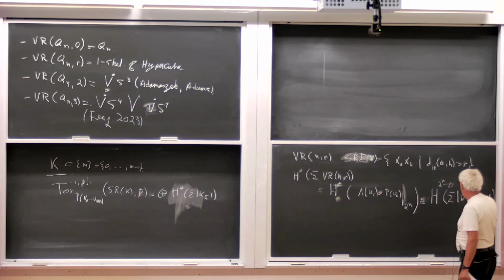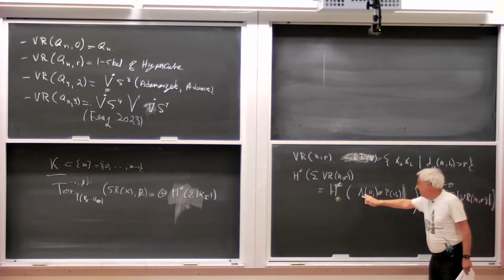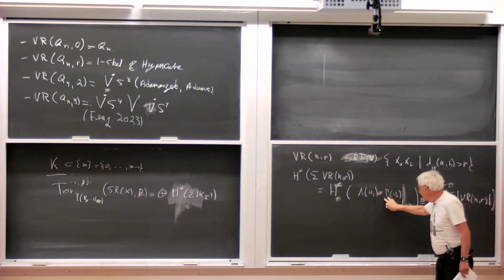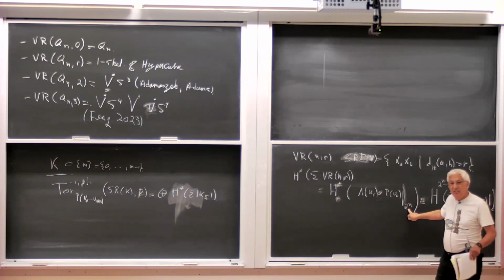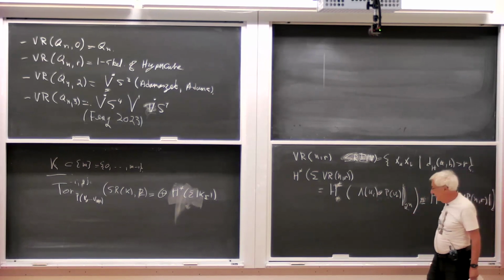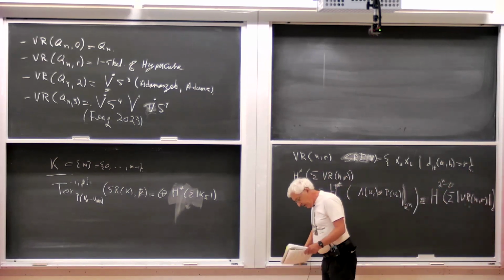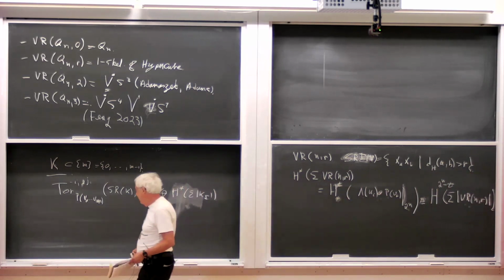So to compute the cohomology of this thing, we look at the Tor, the Koszul complex, where the subscripts have to cover every coordinate from 0 to 2 to the n minus 1. It's as simple as that. So let's give some ways we can use that.